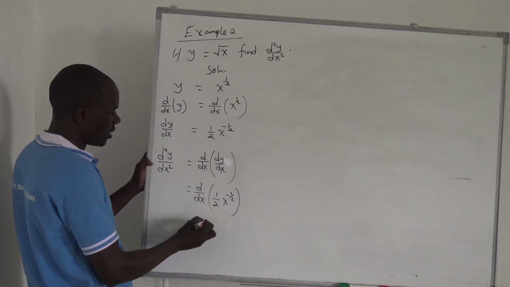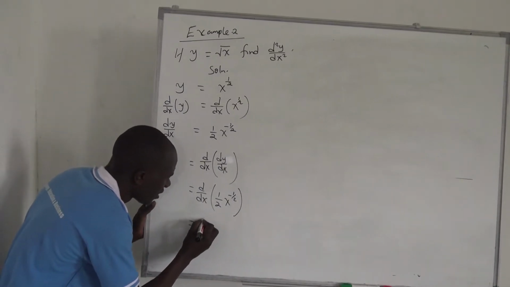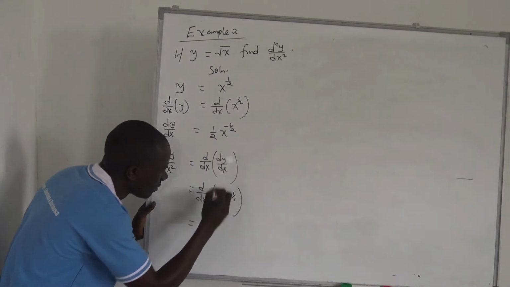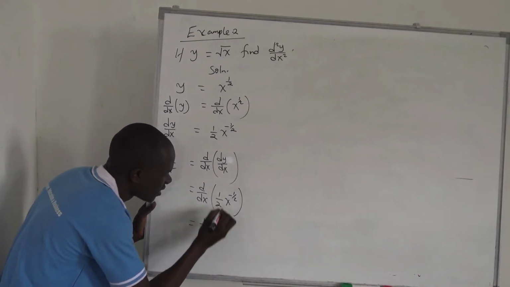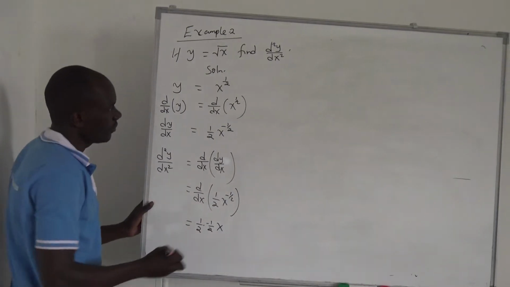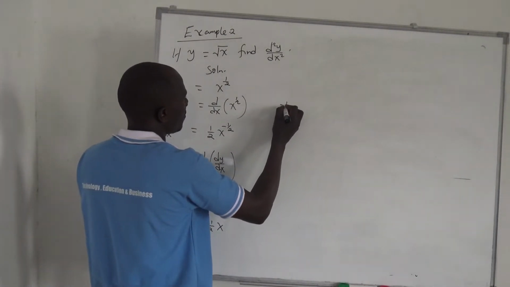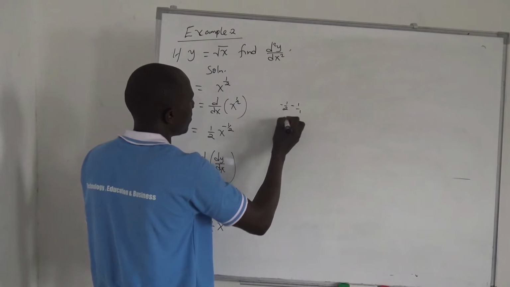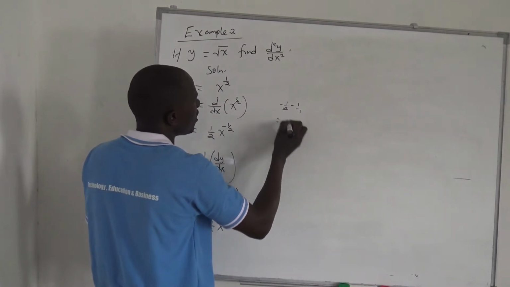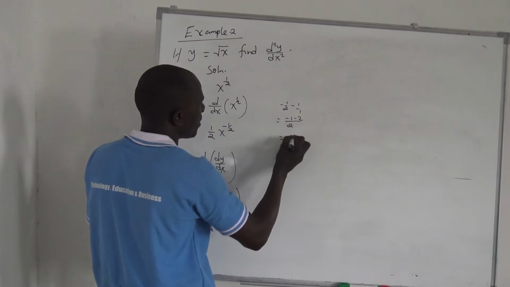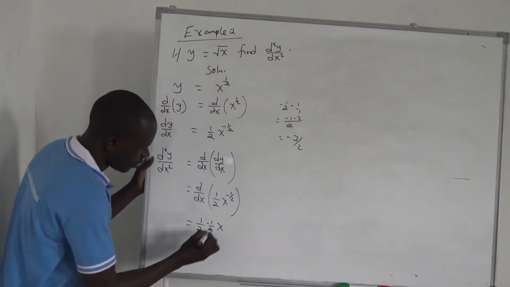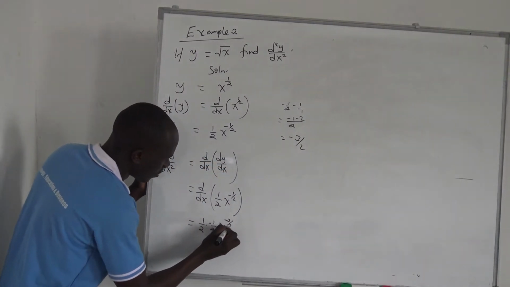We have a half multiplied by negative a half, and x power negative a half minus 1. The LCM is 2, so negative 1 minus 2 gives negative 3 out of 2. So this becomes x power negative 3 out of 2.